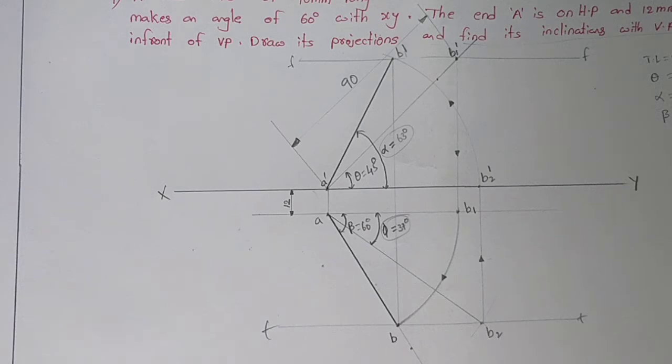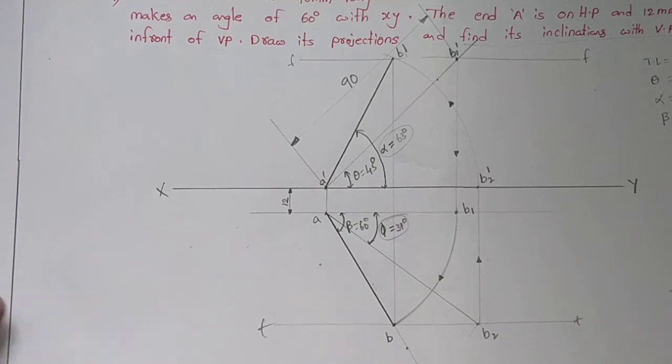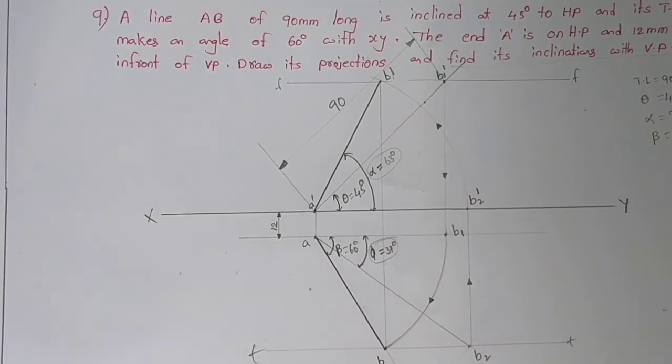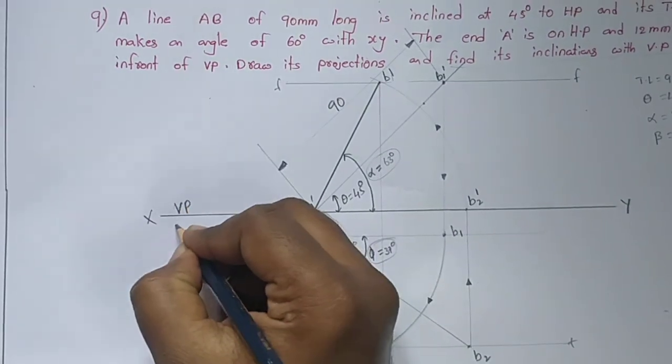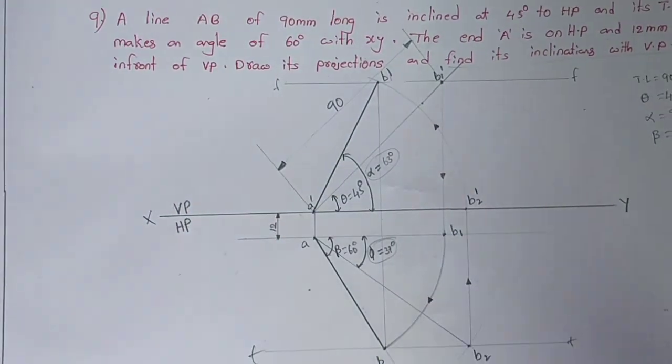Like this, we need to draw the front view and top view of a given line AB based on the top view. Okay, thanks for watching. It is VP and this one is HP because it is in the first quadrant.